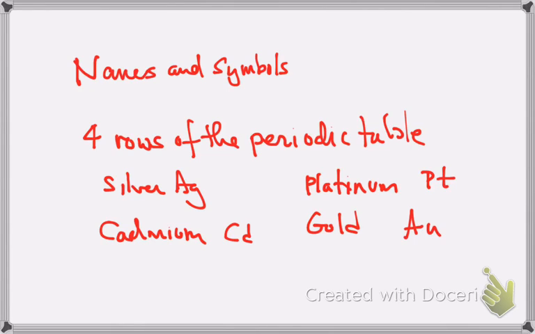Mercury is Hg. And lead is Pb. Now, there's a bunch of others, and you're going to learn them. Lead is one of the weird ones, though, right? Because lead isn't Pb. In Latin, it's plumbus, and that's where it comes from.